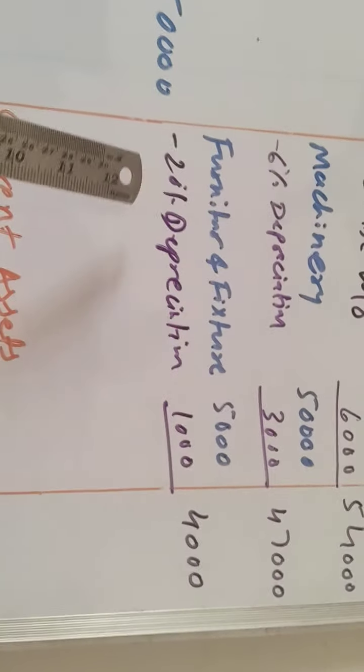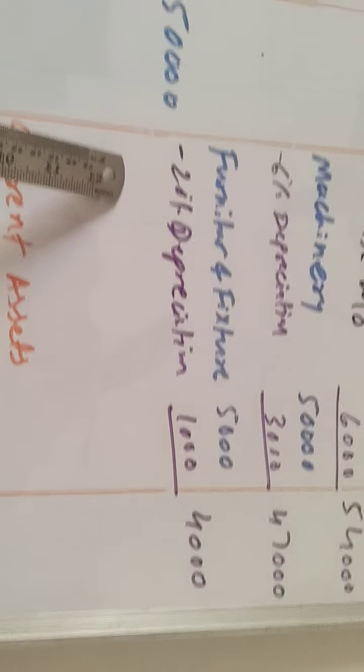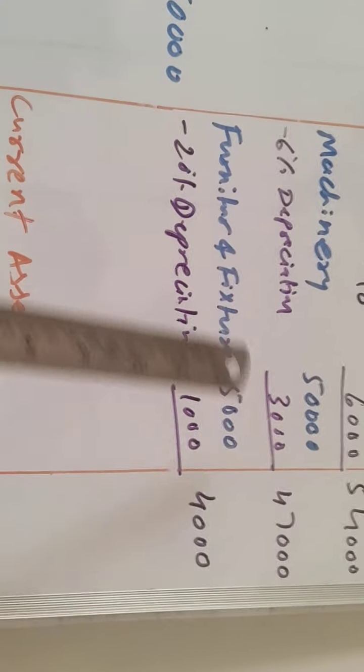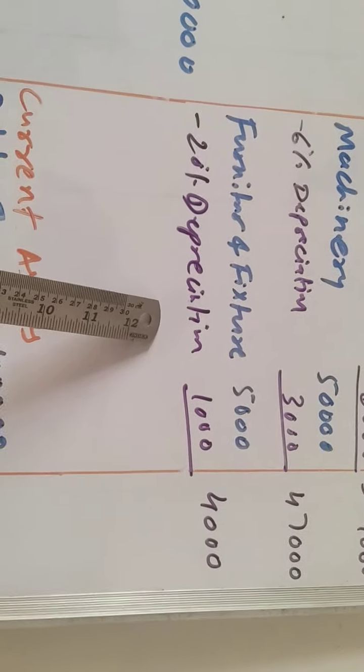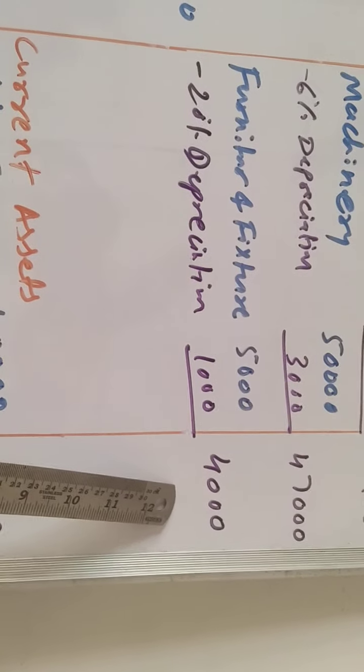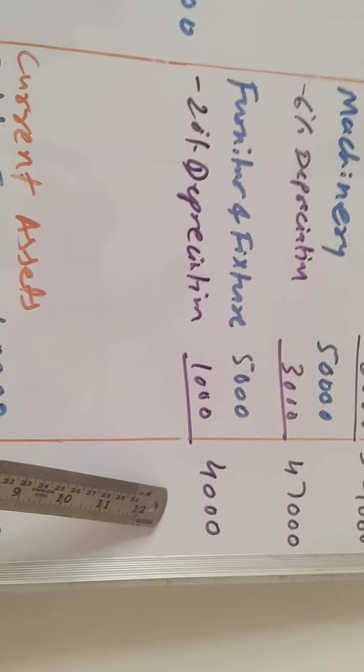The same way, furniture and fixtures, 20% depreciation, 20% of 5,000 comes to 1,000. Deduct it from furniture and fixtures, the outer column amount will be 4,000.